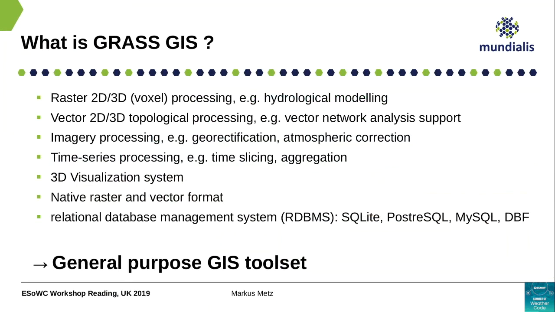It also provides a nice framework for example vector network analysis. The other parts are probably not really relevant. I'm just listing them for completeness, that GRASS GIS is a general purpose GIS toolset that can not only do standard raster and vector processing, but also, for example, imagery processing and time series processing.